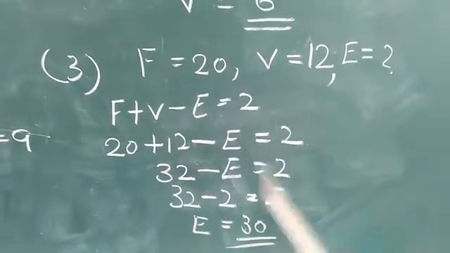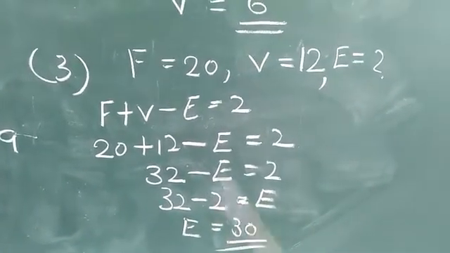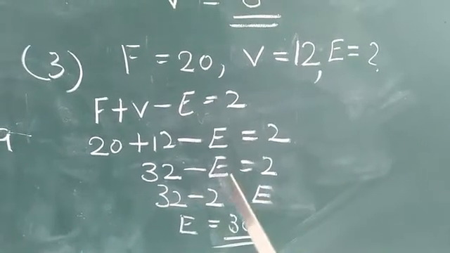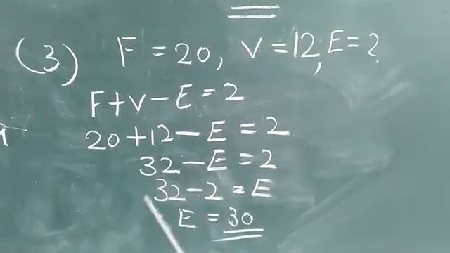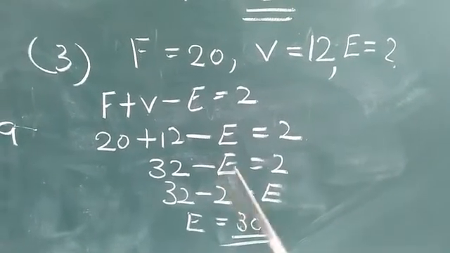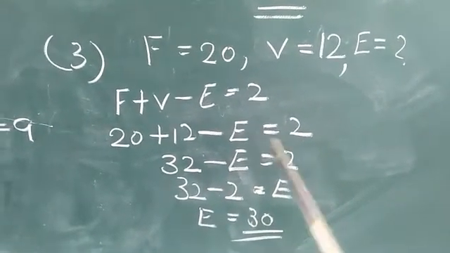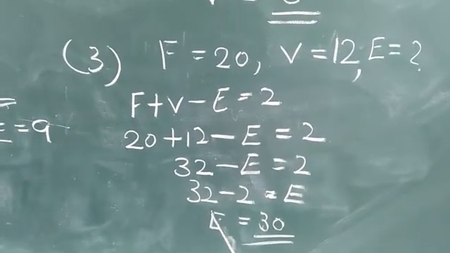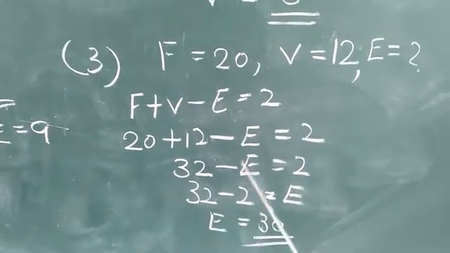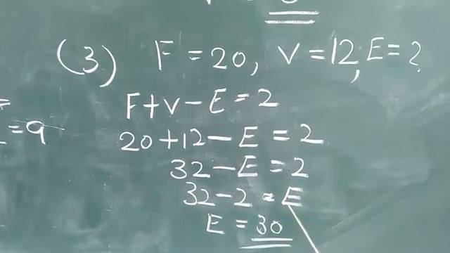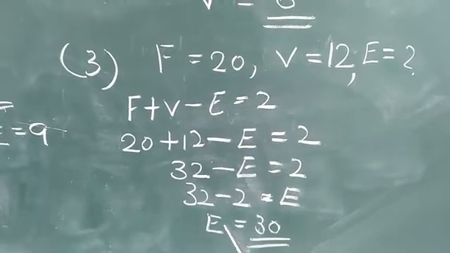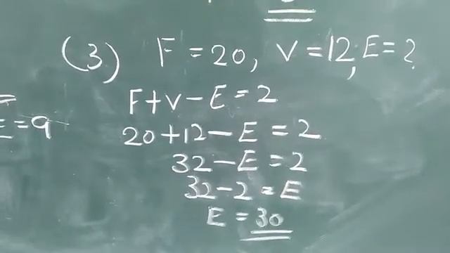Then again substitute the values, we will get 20 plus 12 minus E equals 2. 20 plus 12, 32 minus E is equal to 2. That is 32. This 2 we can transpose to the left side and negative E we can transpose to RHS. So, E is equal to 30.